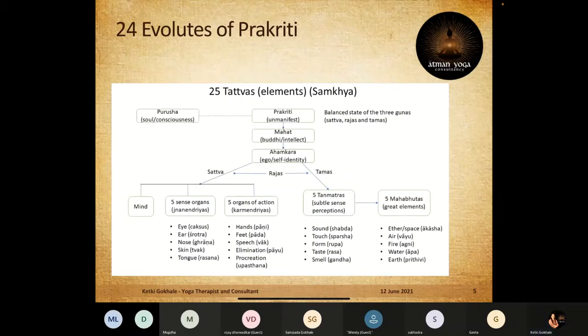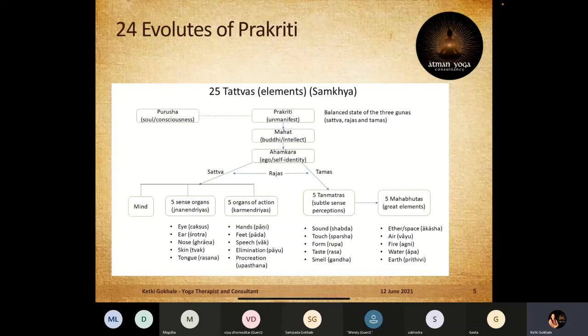Sankhya gives us the philosophy, the foundation, the basis on which we practice with the help of various techniques of yoga, and hence Sankhya and yoga go hand in hand, parallel.